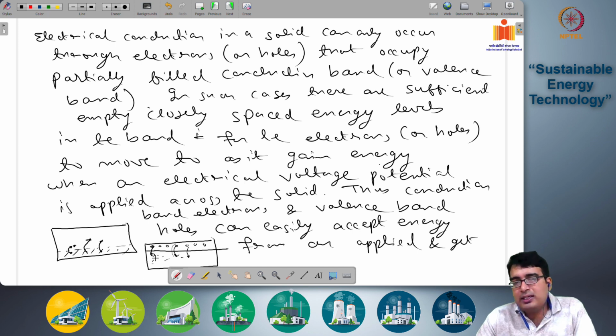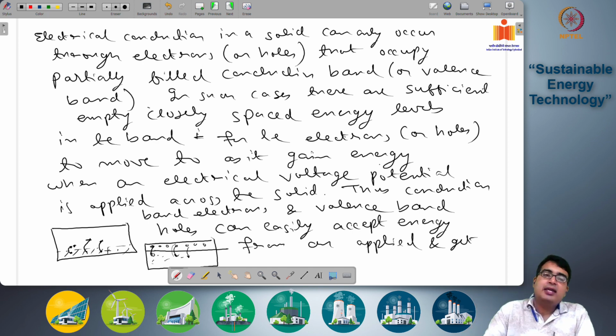Similarly, holes can transport very easily from one atom to the other, because there are plenty of electrons that can move into them. What is happening here is that electrons are jumping from one atom to another because of the applied potential gradient, and they can do that because there are very small energy gradients in these partially filled levels.